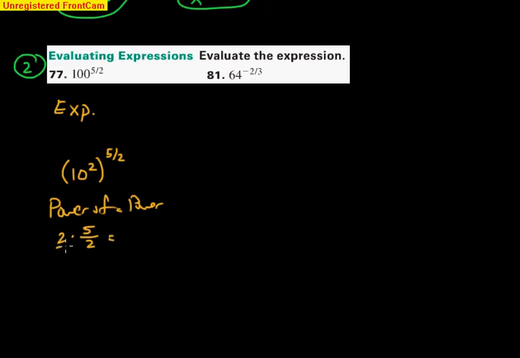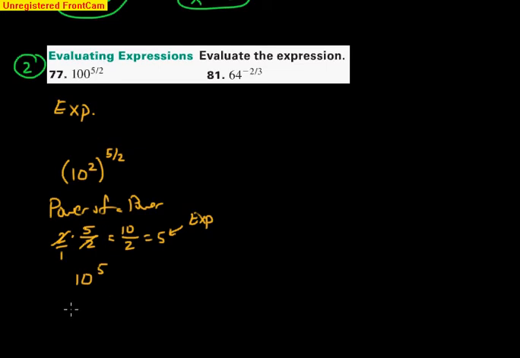Well, what happens if I put this 2 over 1, this actually becomes 10 over 2, just multiply straight across, which simplifies to 5. So in reality, these 2's cancel. And this exponent, that is your exponent right here, 5. So this problem simplifies to 10 to the 5th power.